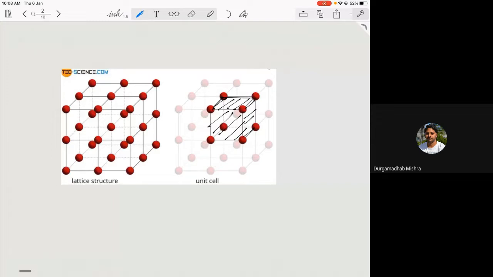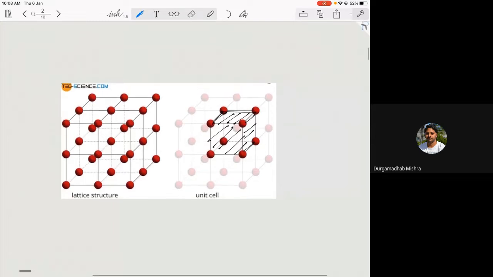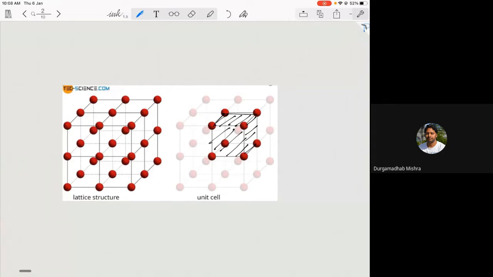Here you see something known as a lattice that I have written. What this lattice means is that it is actually a mathematical representation of the crystal.